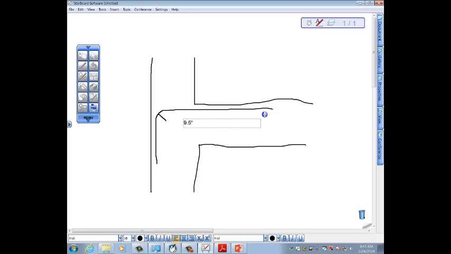It's like now I can't get it over to where it needs to be. Technology, you know? Okay. There. 9.5 inches. Close enough. Y'all know what that means.